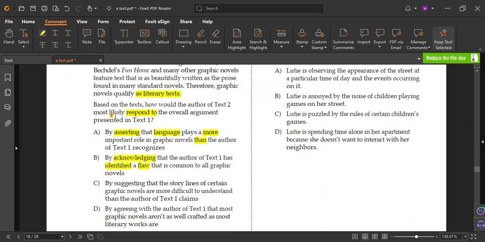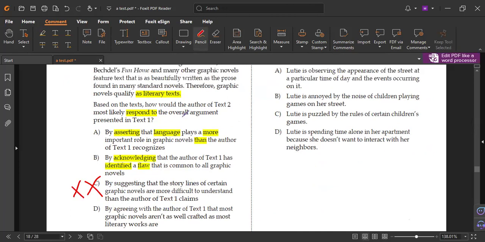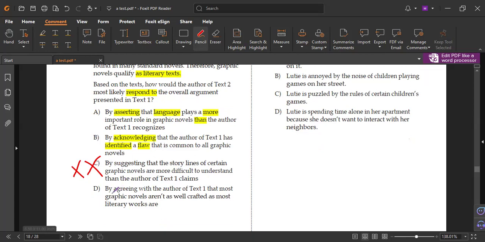So a search in this one. Of course, the main focus of the second one is not about the storylines of certain graphic novels being difficult to understand. He didn't mention that, so it's not mentioned in text 2. So what is the trap or the test-making trick? We give you an idea not mentioned in text 2, so this is wrong. Or we focus on a piece of information, not all of it. Or it's not related to the question. And of course, he does not agree.